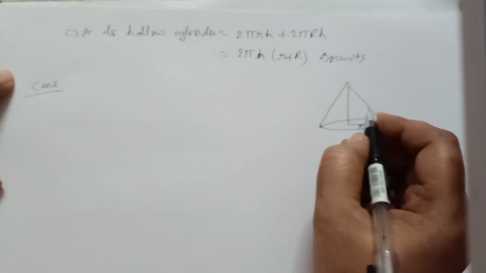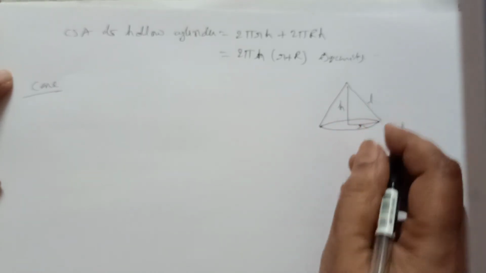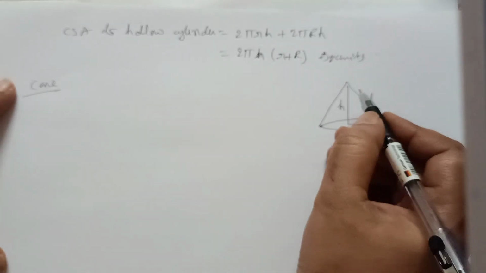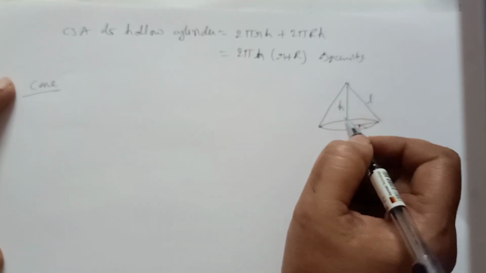This is the radius, the height, and this is called the slant height. If the line segment joining the vertex of the cone and the center of the base is perpendicular to the radius of the base, then that type of cone is called a right circular cone.